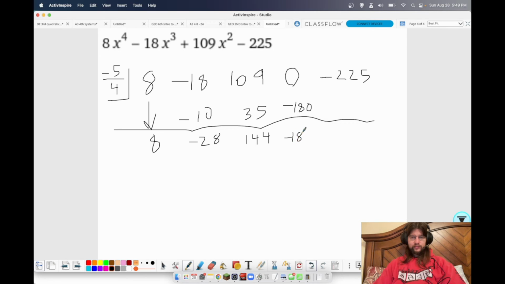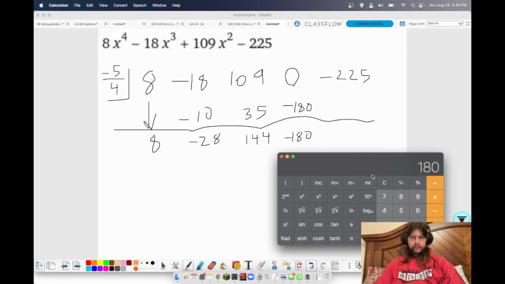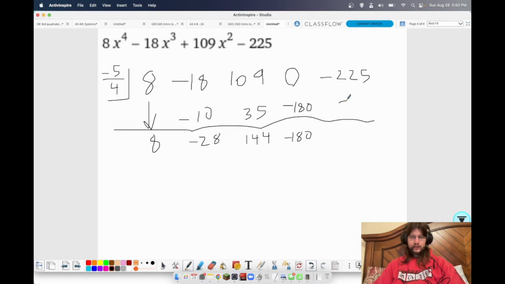Combine, multiply, please be 225, it is, yay, and it's negative times negative, so it is positive. And if you were actually putting your signs in properly like I'm not, then you would not have had to worry about the signs.